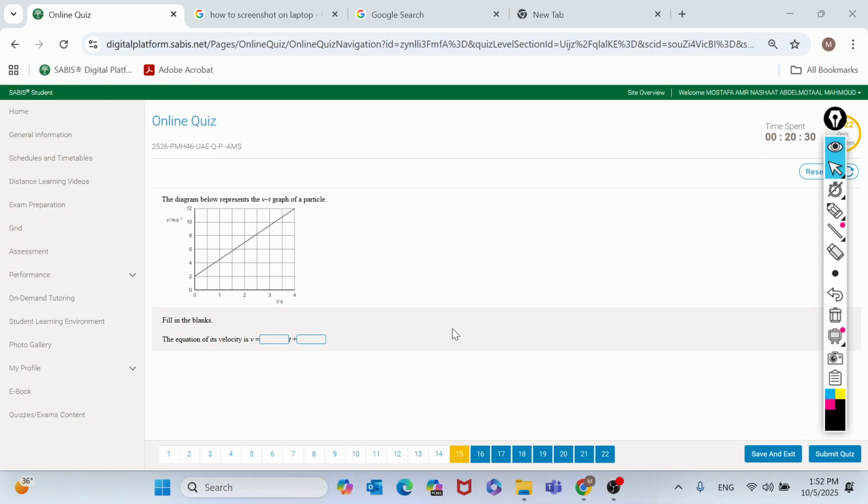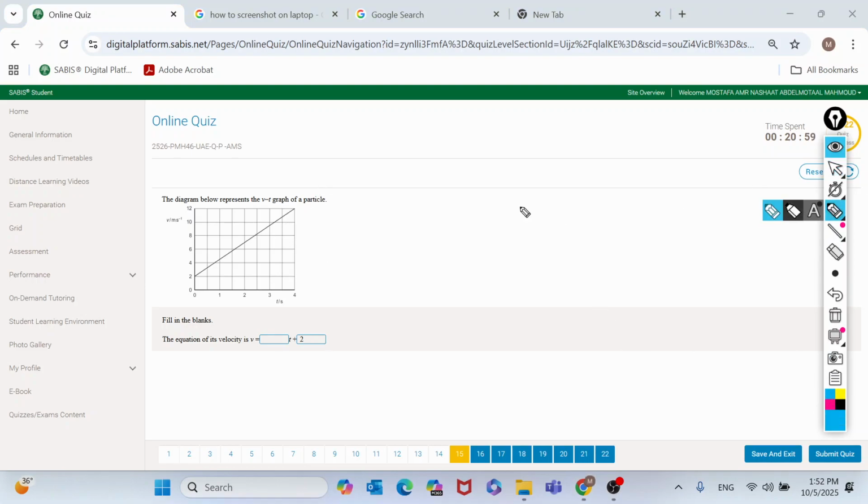The graph below represents the VT graph of a particle. The equation of its velocity is V equals something t plus 0. So this is going to be the slope, and this is the y-intercept, where it intercepts the y-axis. That's 2. It intercepts the y-axis at 2, you can see on the graph. And the slope is v final minus v initial over t final minus t initial.